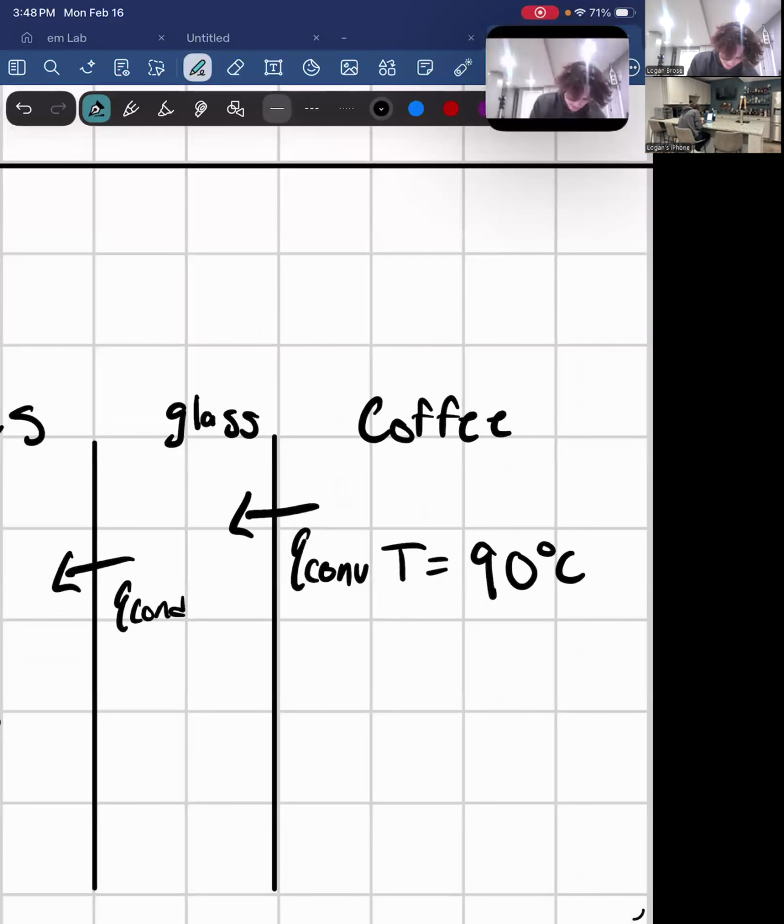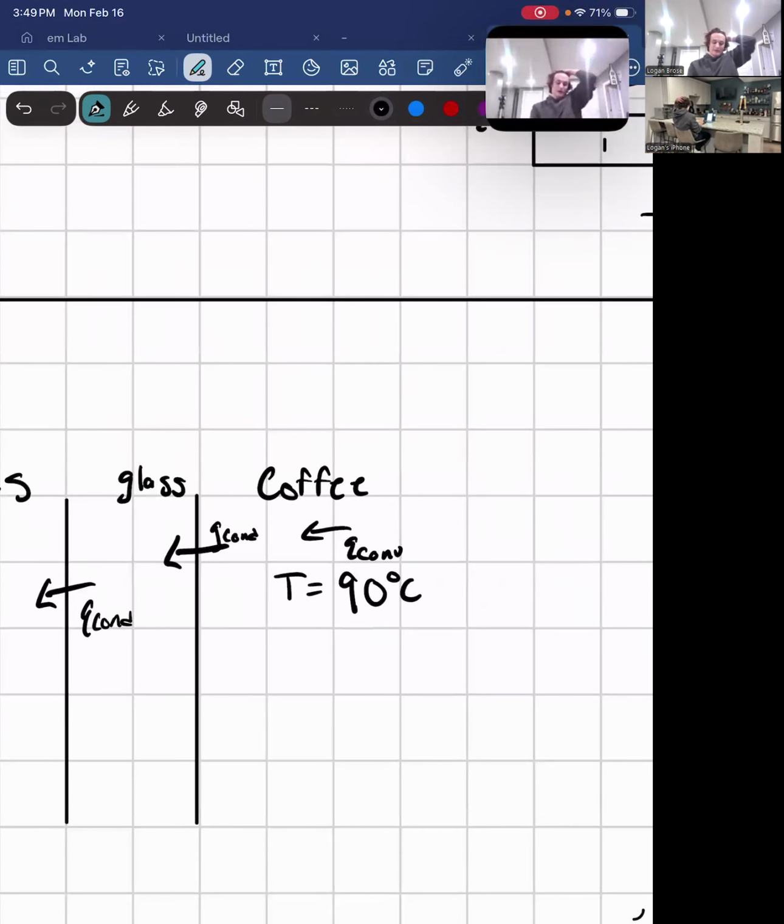So actually, through the coffee will be convection, and then coffee to glass is conduction. So we can write all these out.